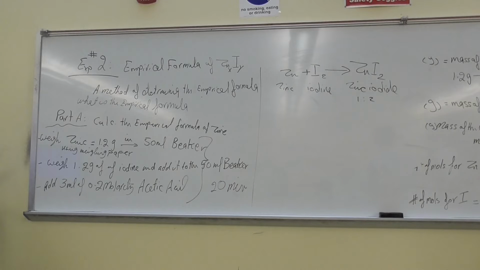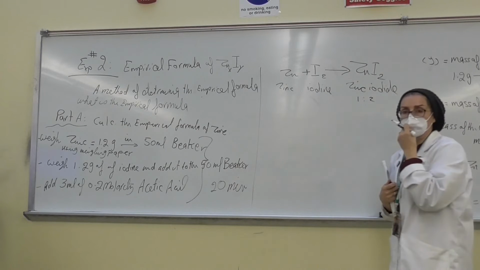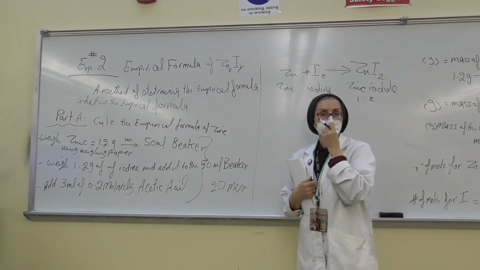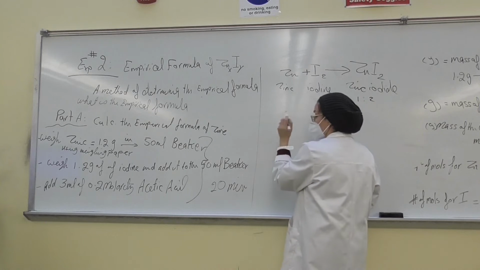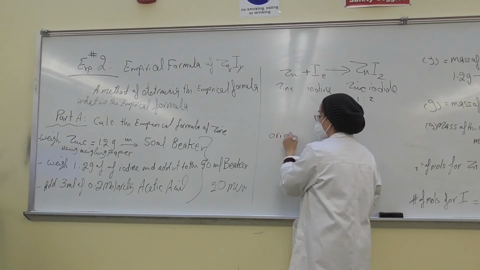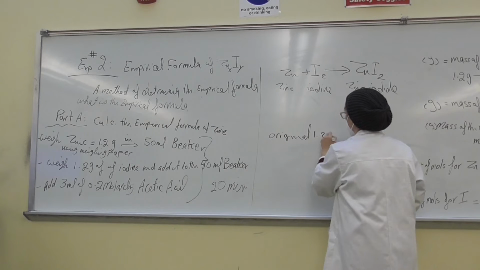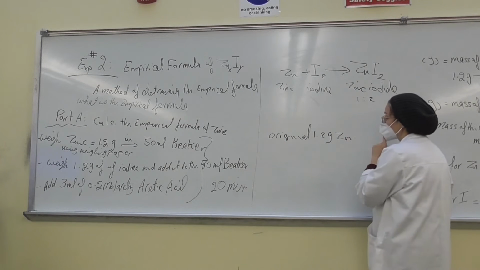The residual is the non-reacted zinc, right? How are we going to find out how much of the zinc reacted? In other words, the mass of the zinc consumed. How do we find out about it? From the solid. We weighed the original 1.2 gram zinc, right?